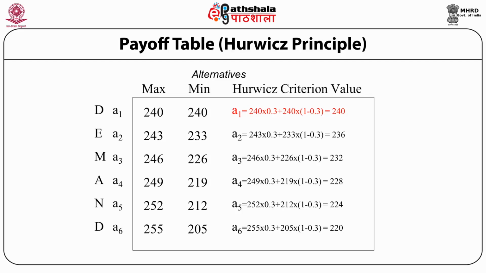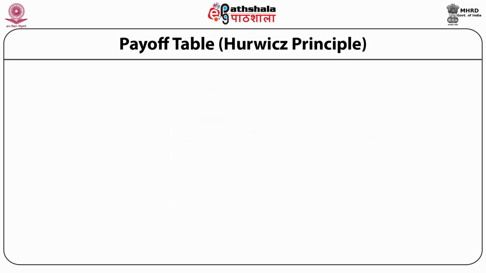So we can easily observe that for alternative A1 the value of Hurwicz criterion is equal to 240, that is maximum out of all values, and therefore according to Hurwicz principle strategy A1 is the best one.